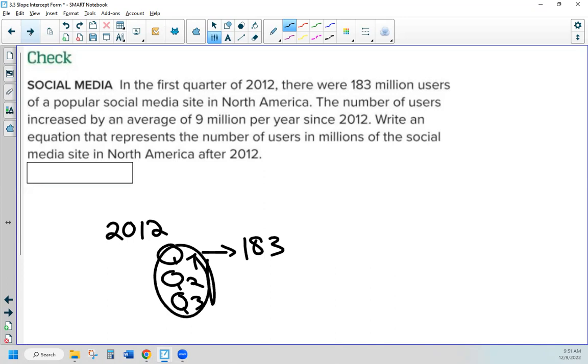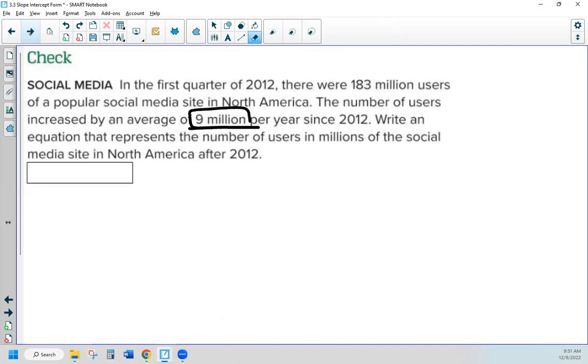They're just saying, okay, starting from there, 183, every year after that, it keeps increasing this much.